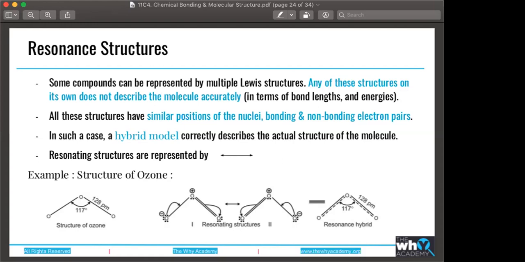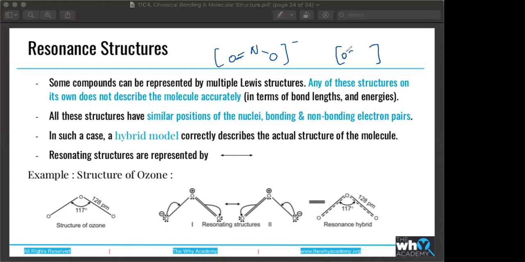Ozone is a textbook example that is given, but you can also observe it in the nitrite ion, NO2 minus. We've seen that the double bond can be applicable for either of these oxygens. O, N, double bond O. So the double bond can belong to either the oxygen atom on the left or on the right.